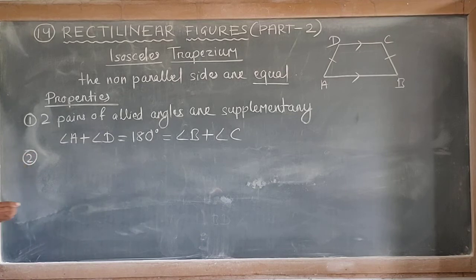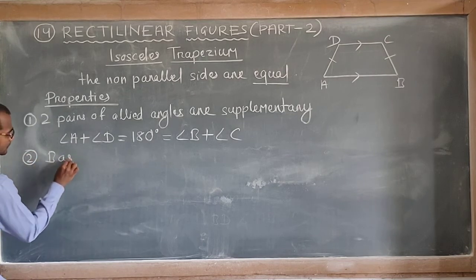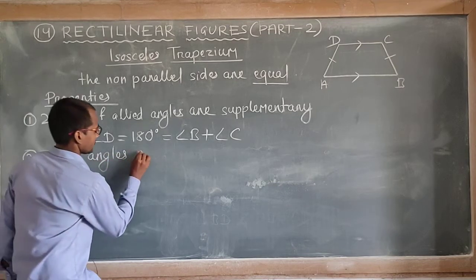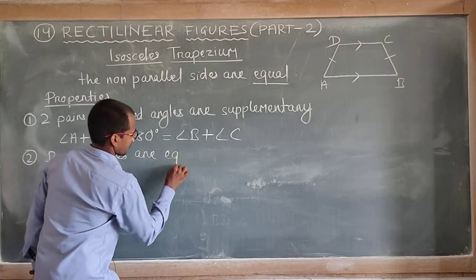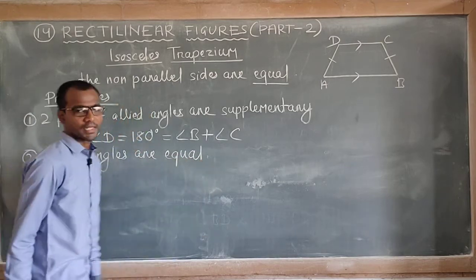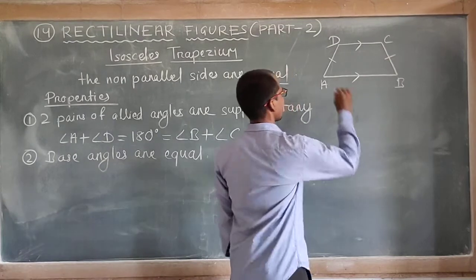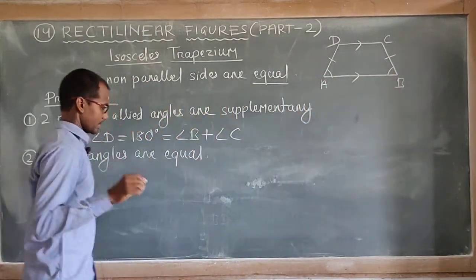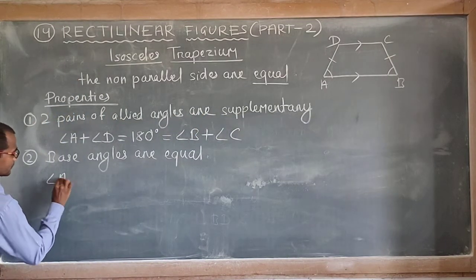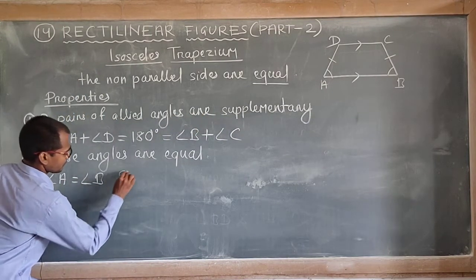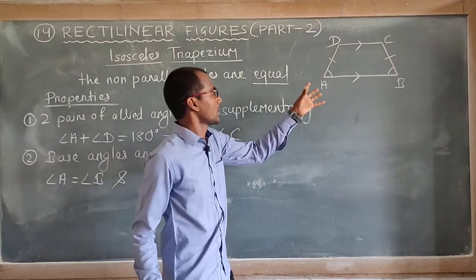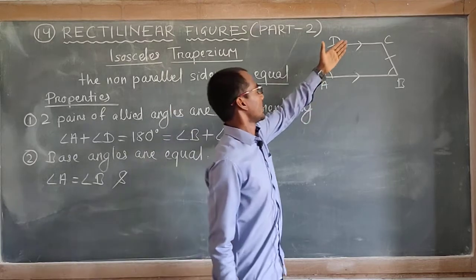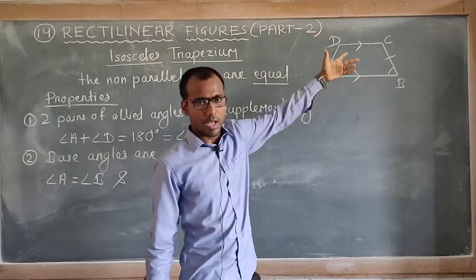The next property will be base angles are equal. Base angles means angle A, angle B. Angle A equal to angle B. Also, if you rotate the trapezium such that DC will be below and AB will be above.